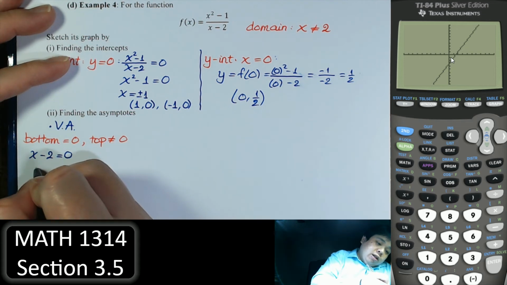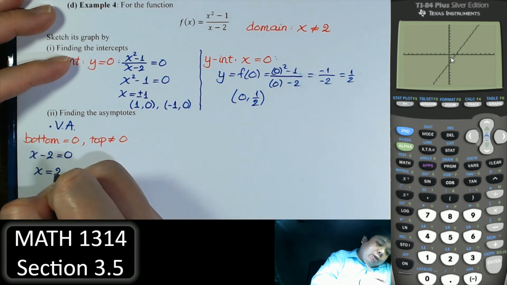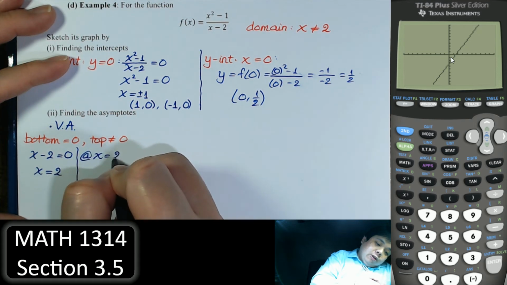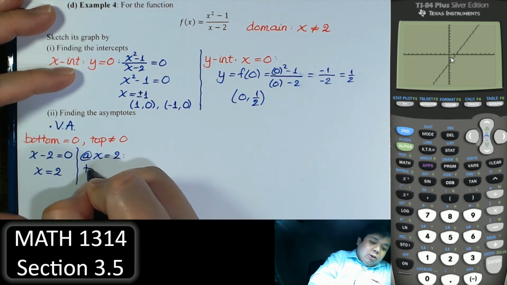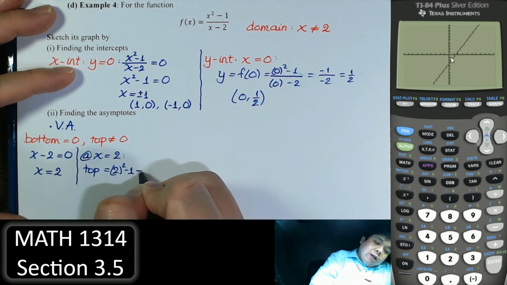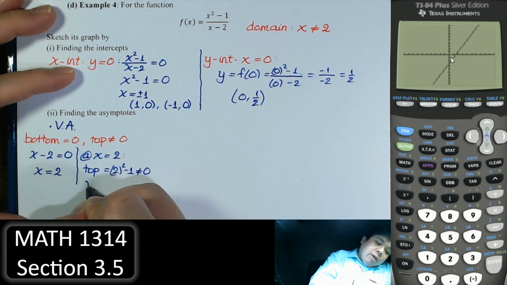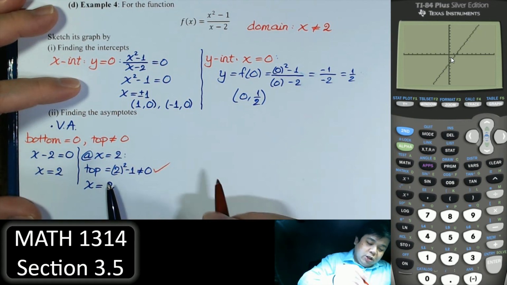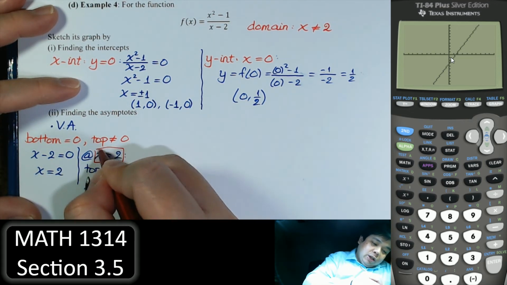Plus 2 on both sides, so x equal to 2. And when x equal to 2, the top equal to 2 squared minus 1, not equal to 0, so that is not equal to 0, which is good. So x equal to 2 is the vertical asymptote.